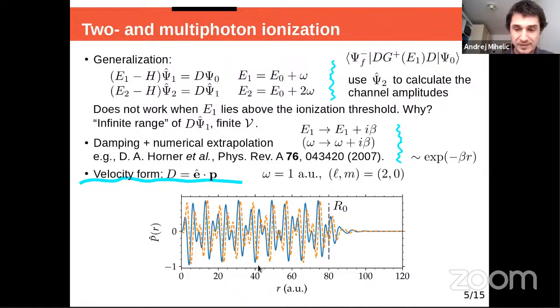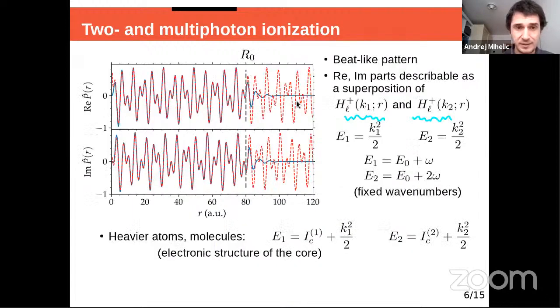But this is just the first glance, because if we plot the real and imaginary parts of this radial function separately, the pattern we see here looks awfully like a beating.